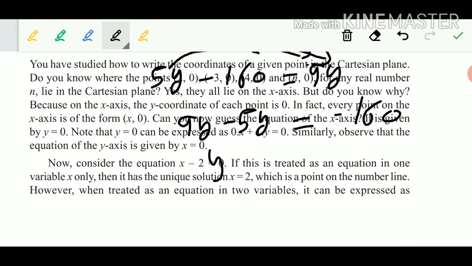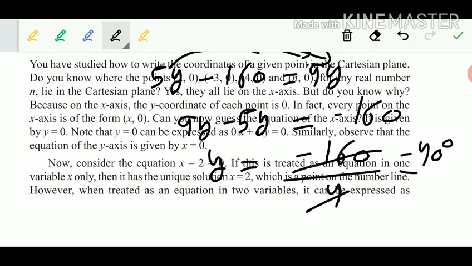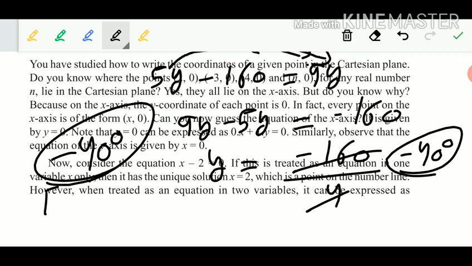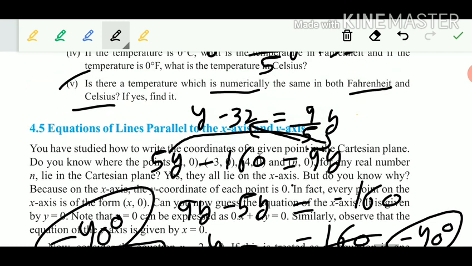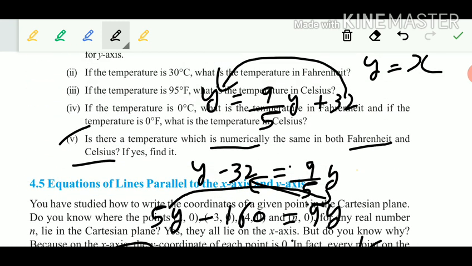So value of y is minus 160 upon 4, that is minus 40 degree temperature. So at minus 40 degree, both the Fahrenheit and Celsius are at the same point. This is the answer of this fifth part.